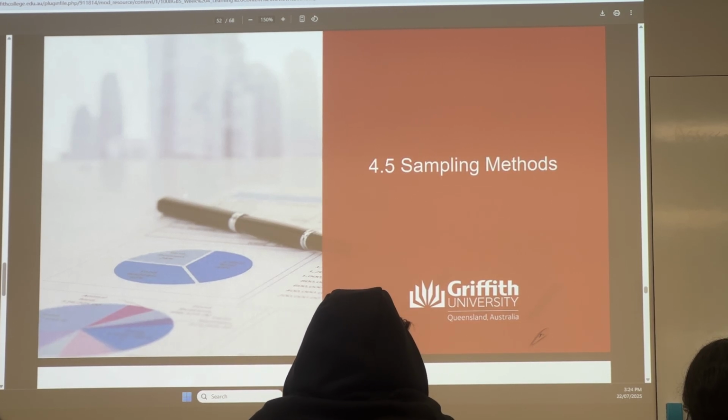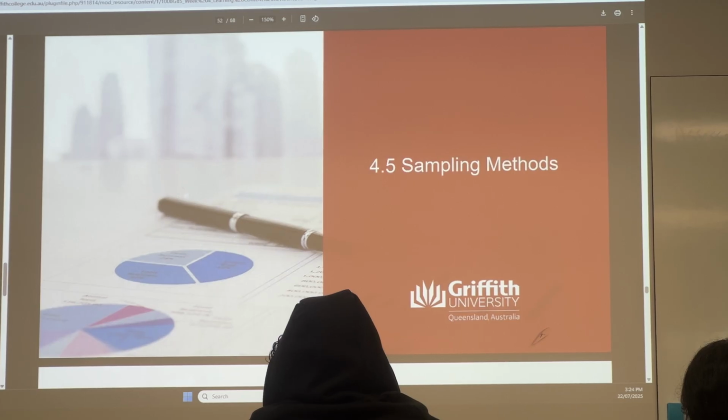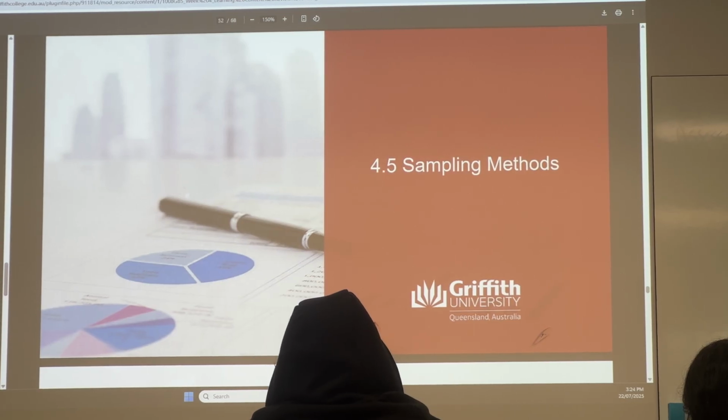You want to study about savings, right, among Australians. So how do you collect data? So what is your plan? So you have to find a sample, because you have to interview people to understand their savings behavior. So where do you get the sample?